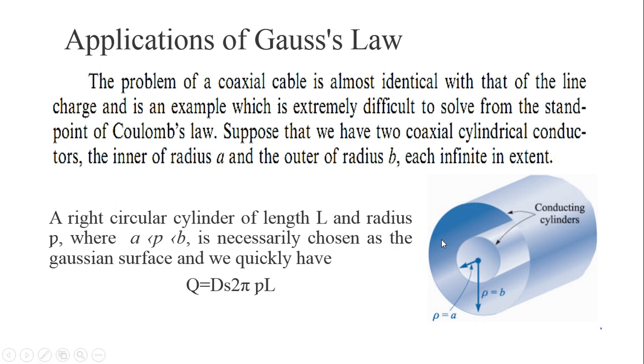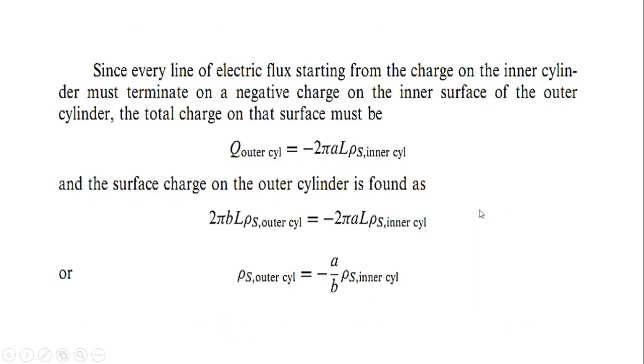So if Q is equal to rho S 2 pi A rho L on the outer surface of the inner conductor, the same amount of charge will be there on the inner surface of the outer conductor, but with a negative sign, because the line of flux will generate from the outer surface of the inner conductor and will terminate at the inner surface of the outer conductor.